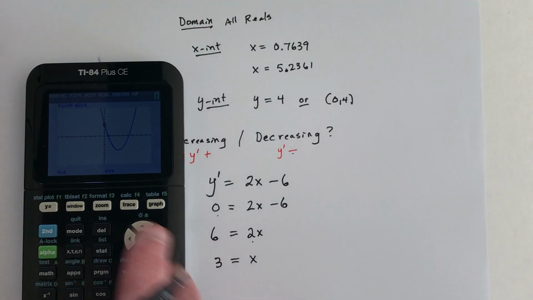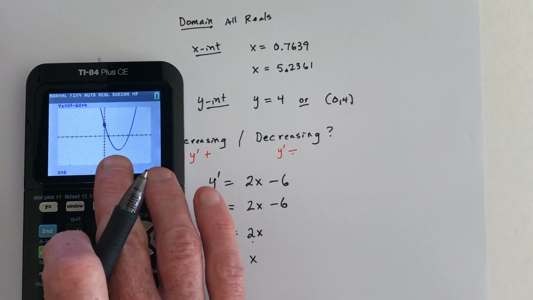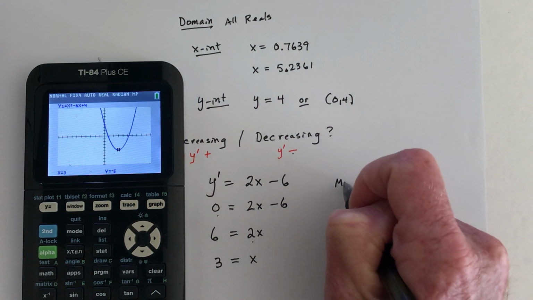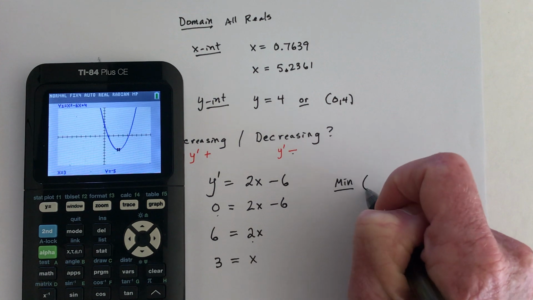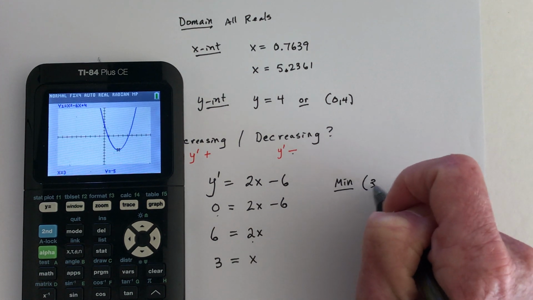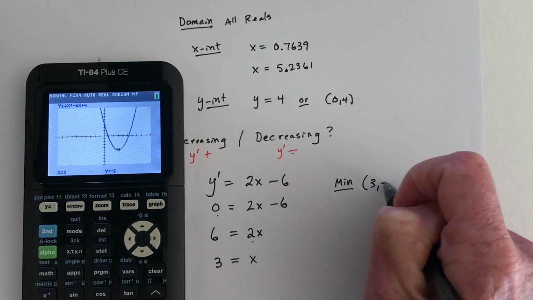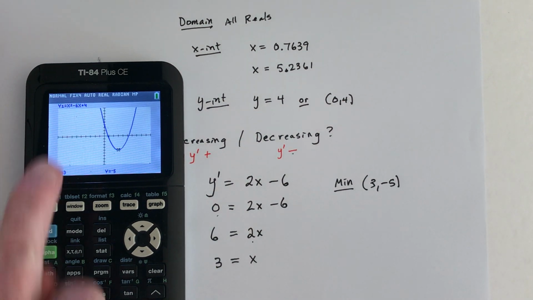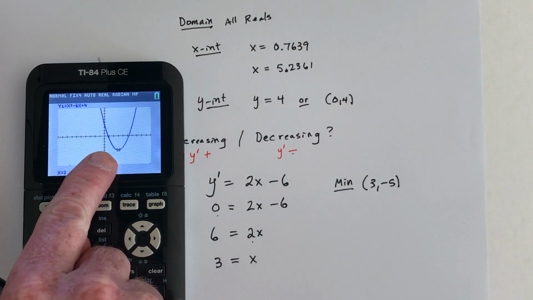So where it reached the bottom of the graph down here, that's where the derivative equals 0. So that should be when x equals 3. And then that is even the minimum point. So I'm even going to write that down over here. The minimum is at 3, negative 5. And then this side is decreasing.